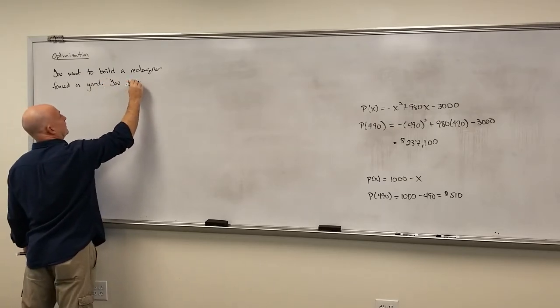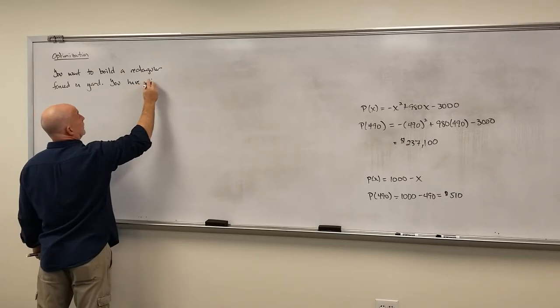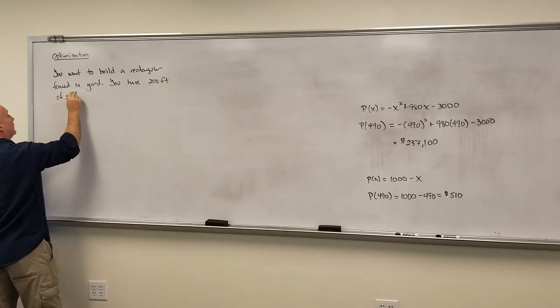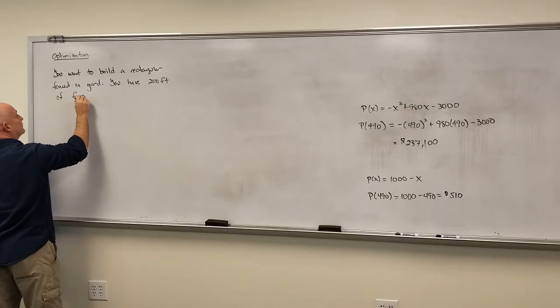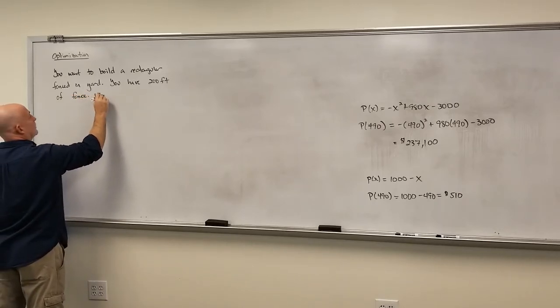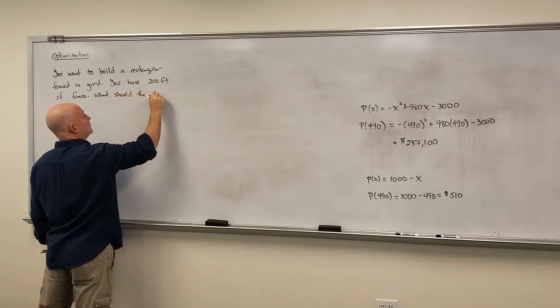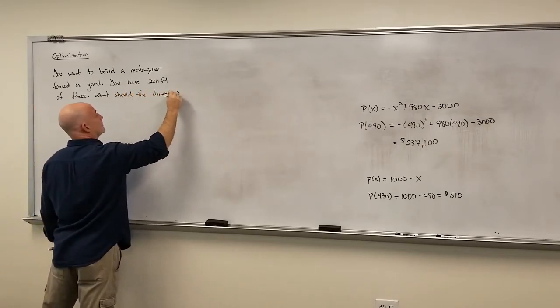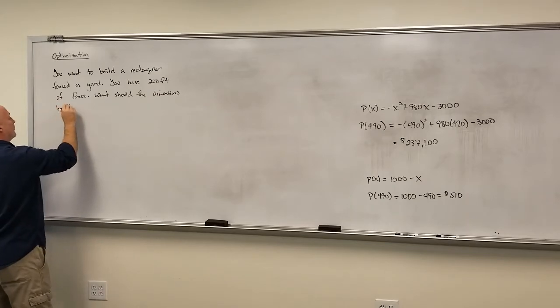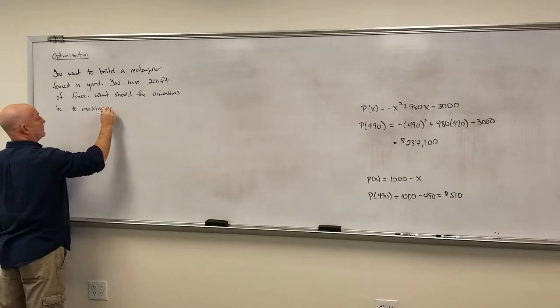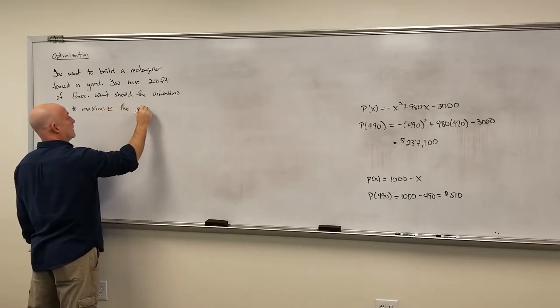You have, let's just say for fun, 200 feet of fence. What should the dimensions be to maximize the area?